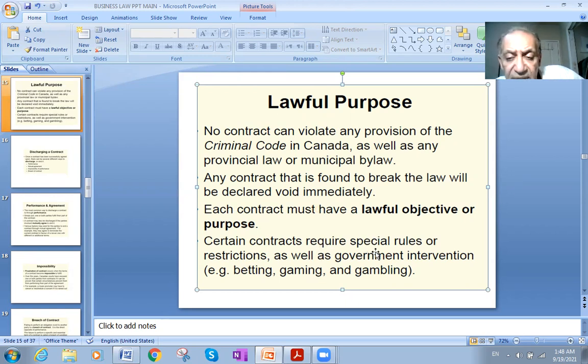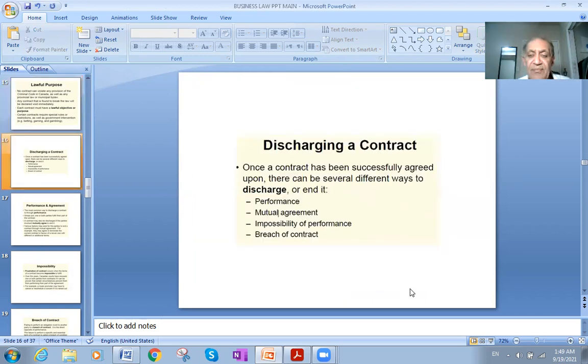Certain contracts require special rules or restrictions, as well as government intervention, like betting, gaming, and gambling. So in all cases, like I told you, the contract must respect the lawful or legal environment.